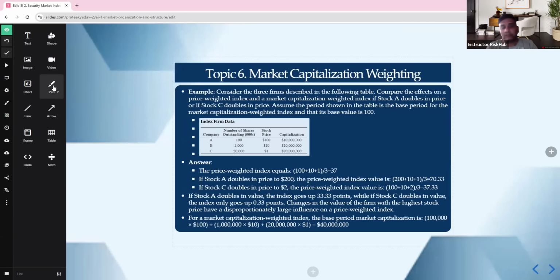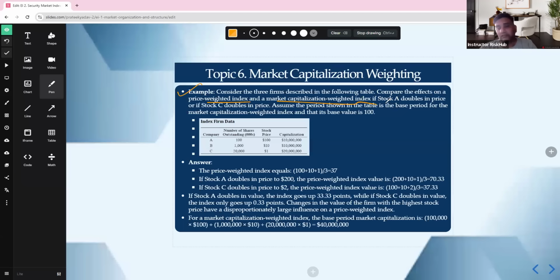Then again, same example here. Consider three firms described in the following table. Compare the effect on the price weighted index and the market capitalization index. Stock A doubles in price and stock C doubles in price, which I told you. Assume the period shown is the base period for the market cap index and its value is 100. So you have A, B, and C, with shares outstanding of 100, 1,000, and 20,000, and capitalization is this.